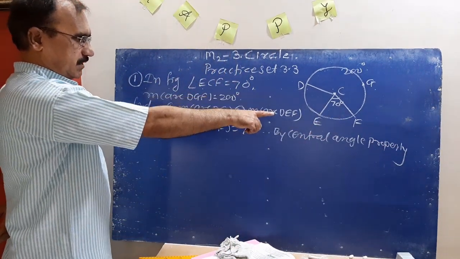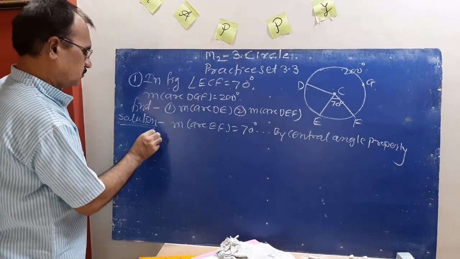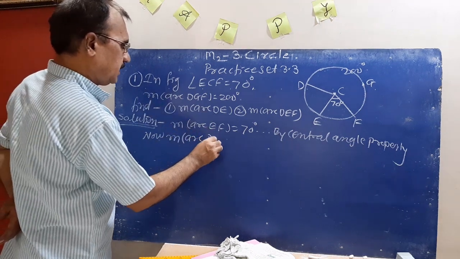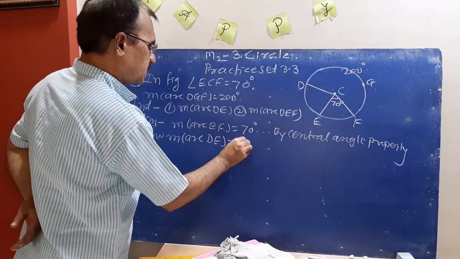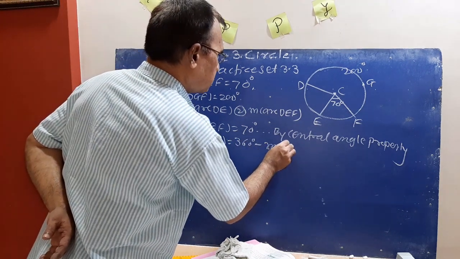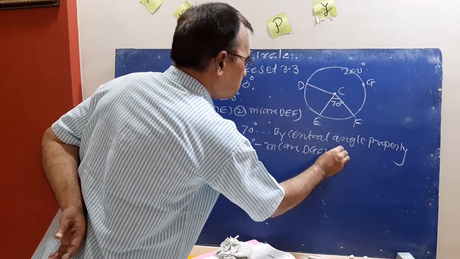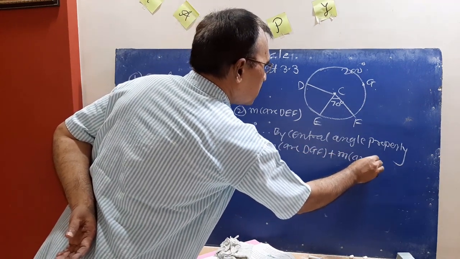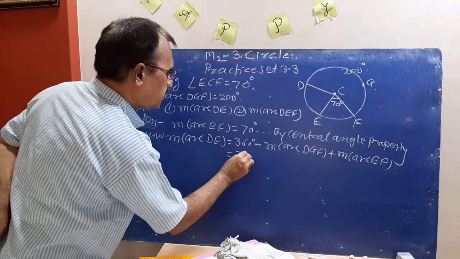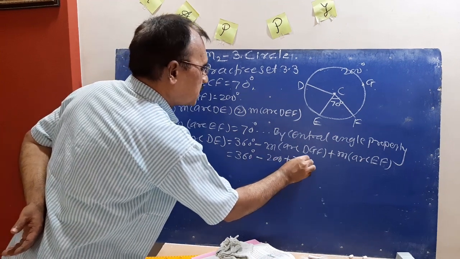The measure of the central angle is 70, therefore the corresponding arc measure is 70 by the central angle property. Now measure arc DE is equal to 360 degrees minus (measure arc DGF plus measure arc EF), which is 360 degrees minus (200 plus 70).